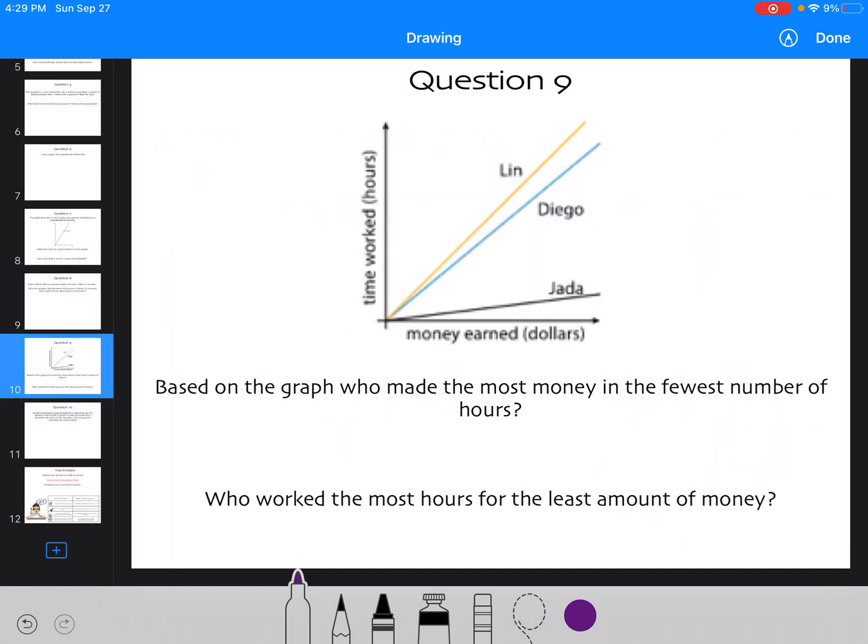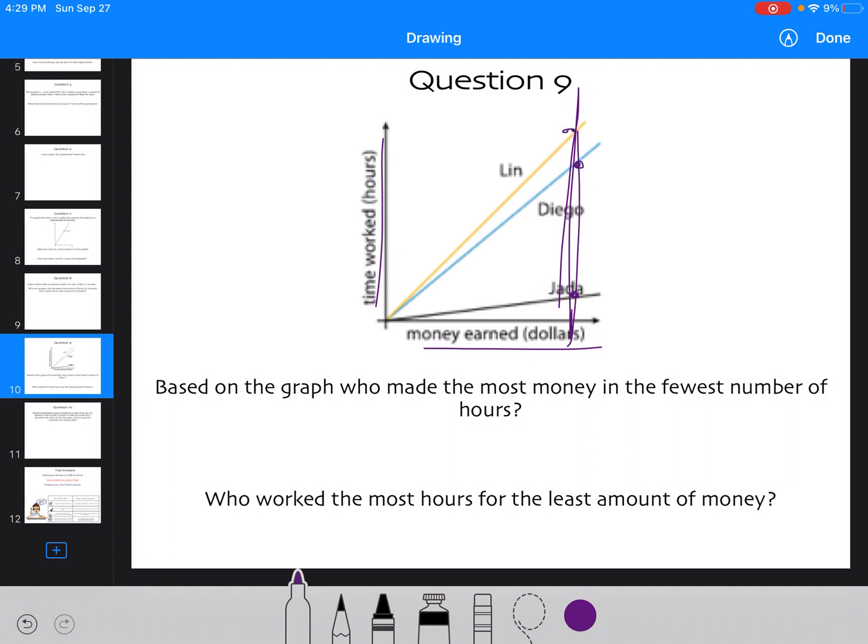Based on the graph, who makes the most money in the fewest number of hours? Okay, so I know that the amount of time worked is that way, and I know the amount of money earned is this way. So I'm going to have to kind of do some judgment here. So in the fewest number of hours, if I just go straight up, I know Jada worked the fewest amount of hours and earned the same amount as Diego and Lynn.